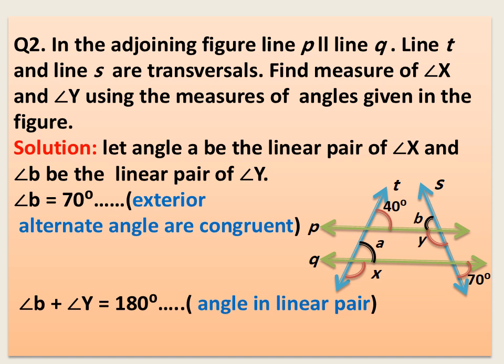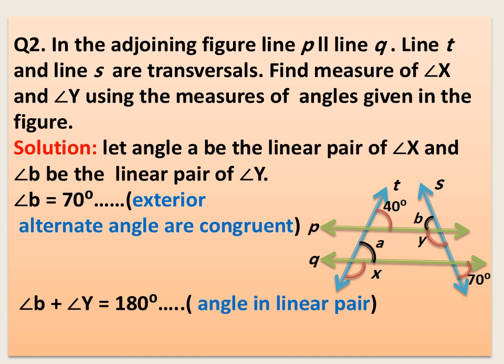Students, in this figure, as given, line P is parallel to line Q and line T and line S are transversals. Therefore, for finding angle X and angle Y, let us consider angle A to be the linear pair of angle X and angle B to be the linear pair of angle Y.